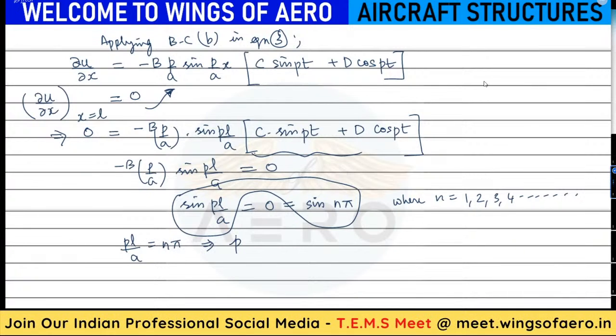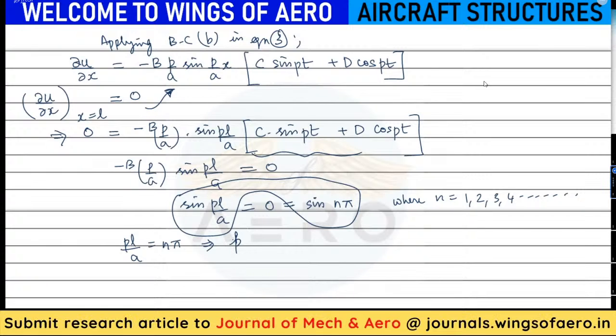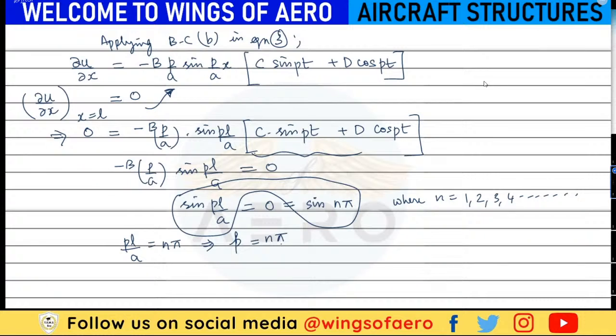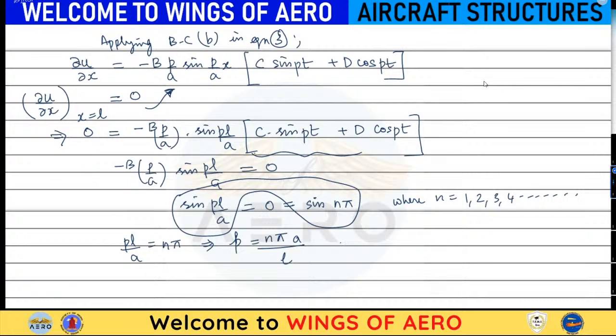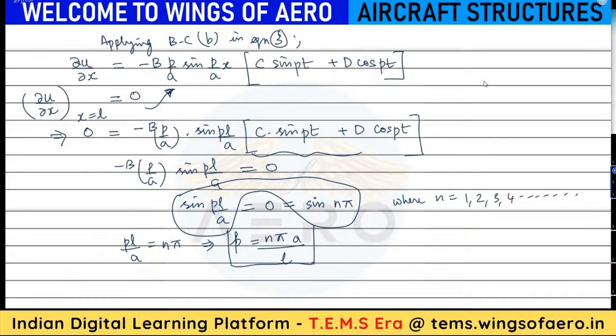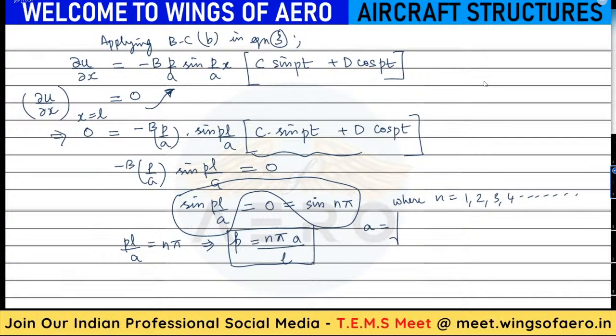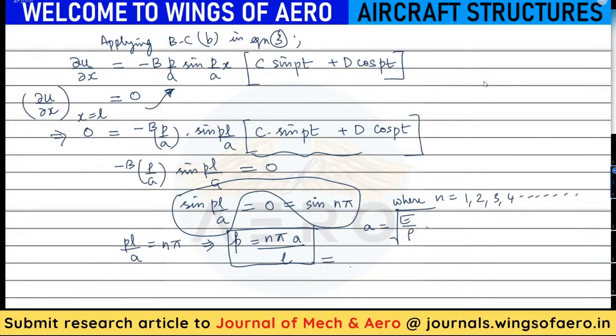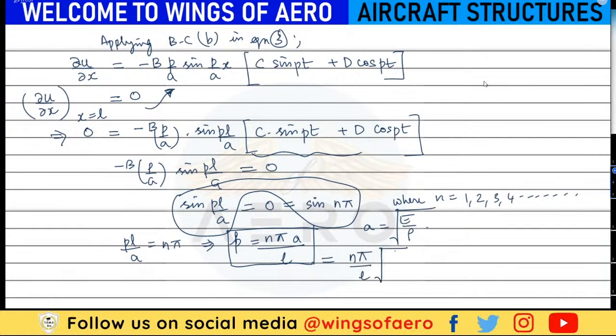Now our main motive, I'm getting some function of p. p is the frequency. Now I can rewrite p as n pi a by L. So what is the p value? p is n pi a by L. And what is a? a I have already discussed, that is root over E by rho. So I can rewrite this p value as n pi by L root over E by rho.